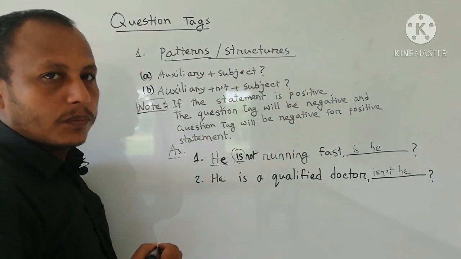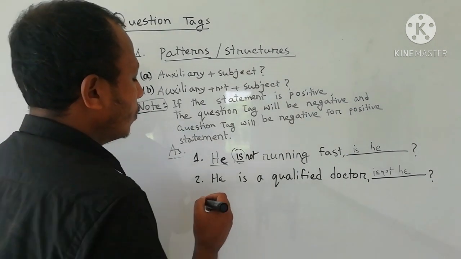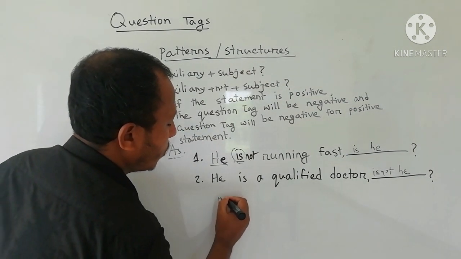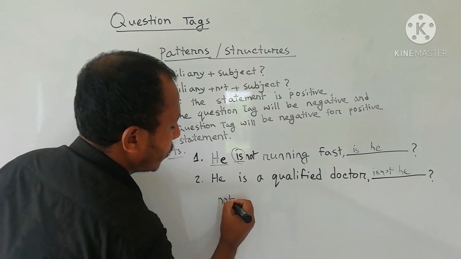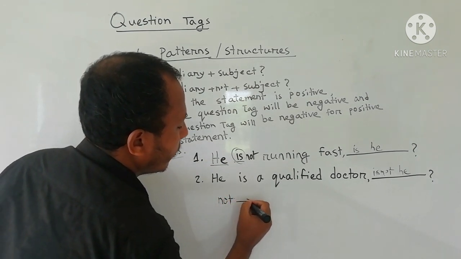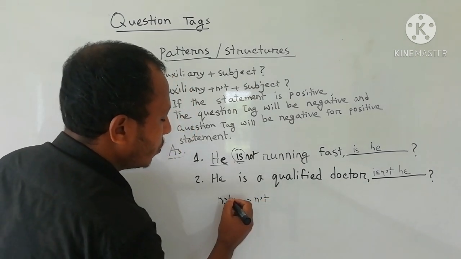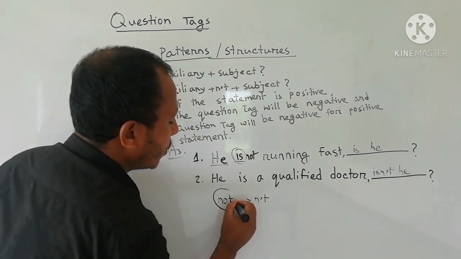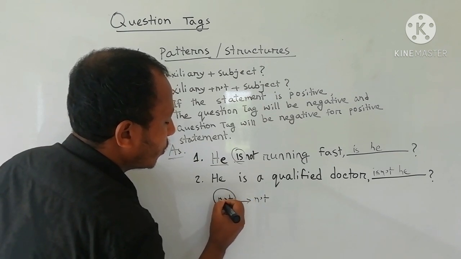Dear students, you have to keep in your mind that the contracted form of auxiliary not will be n and elision sign t. You can't use the full form of not here.